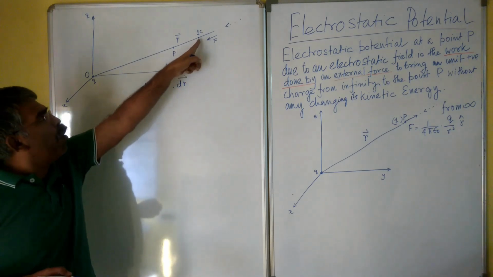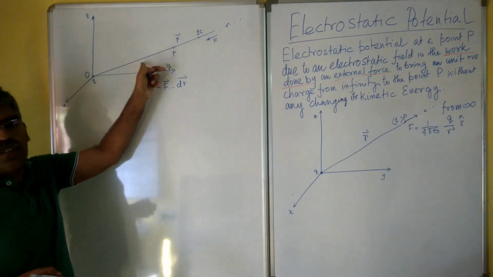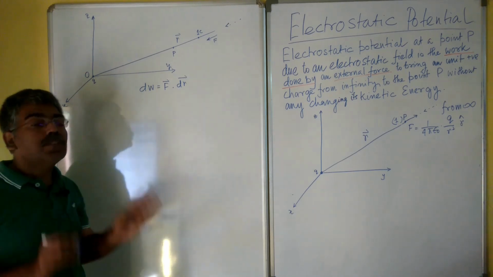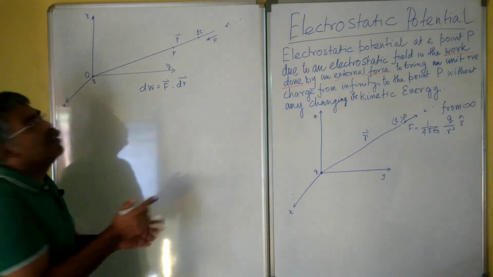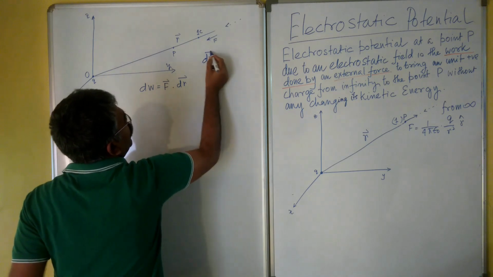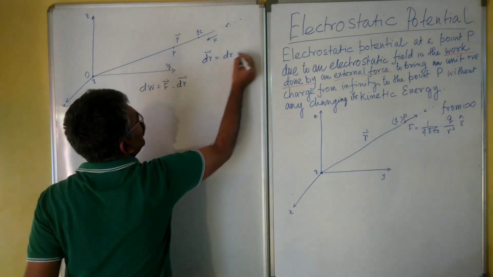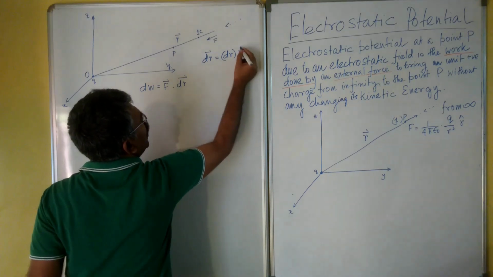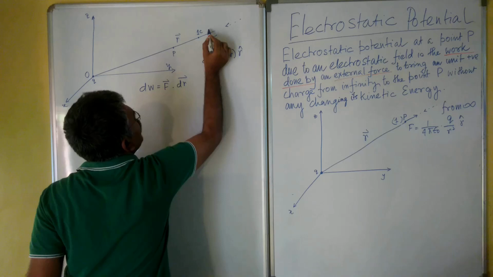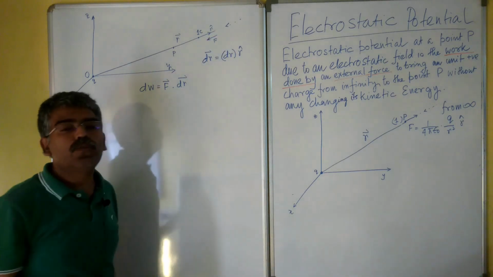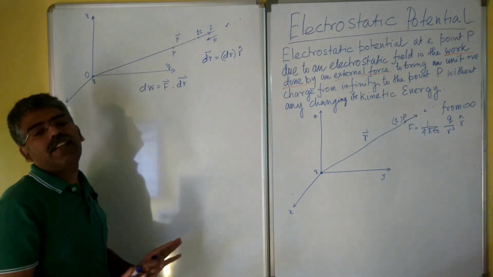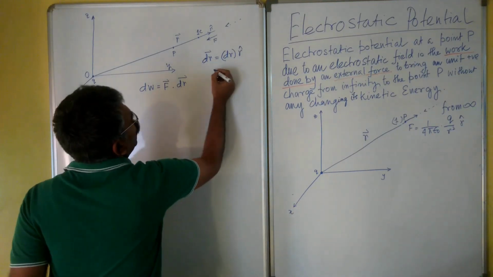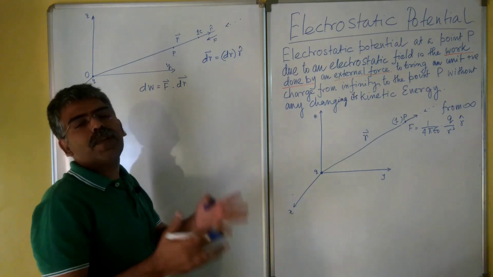Now, there is a concept we must know. This point charge is coming toward the origin, so r is decreasing, but that does not mean dr is negative. The vector dr by definition is always the small elemental dr times r cap, and this is always directed radially outward. What is dx? It's x plus dx minus x.